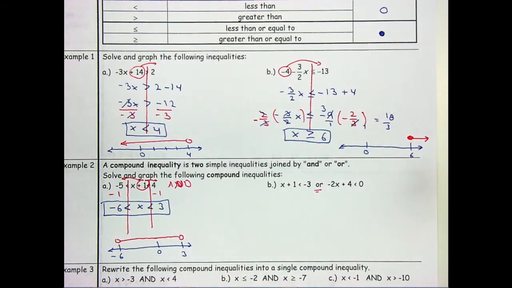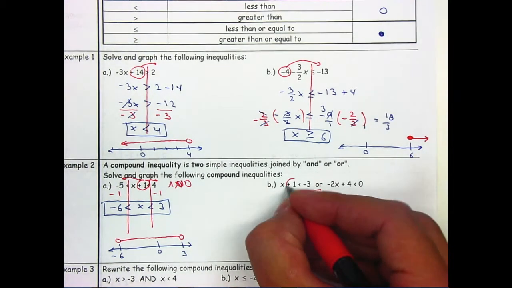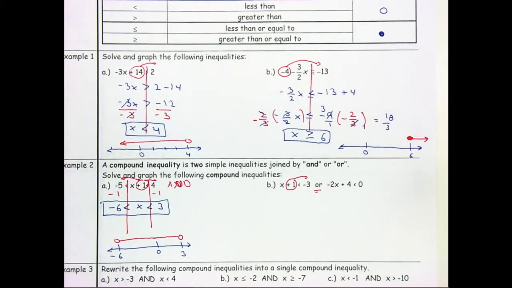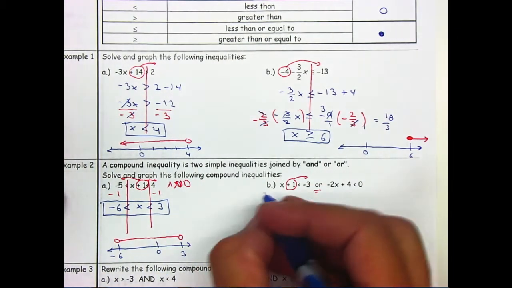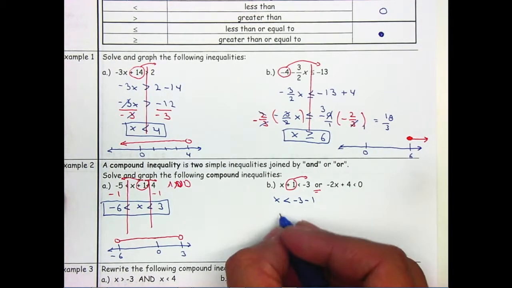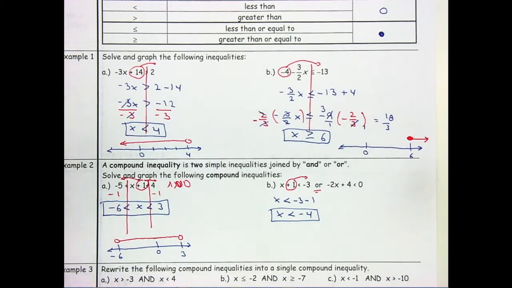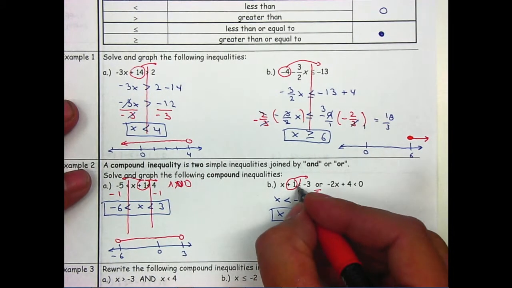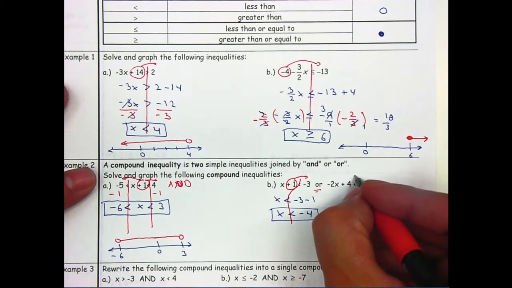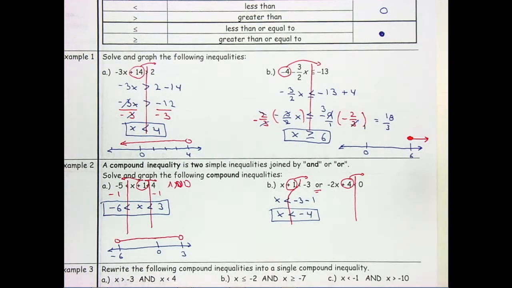On example B, we need to solve each of those inequalities separately. I'm going to move the 1 to the right, it becomes a negative. x is less than negative 3 minus 1. x is less than negative 4. On the right hand side, I'm going to move my 4 to the right, it becomes a negative 4.